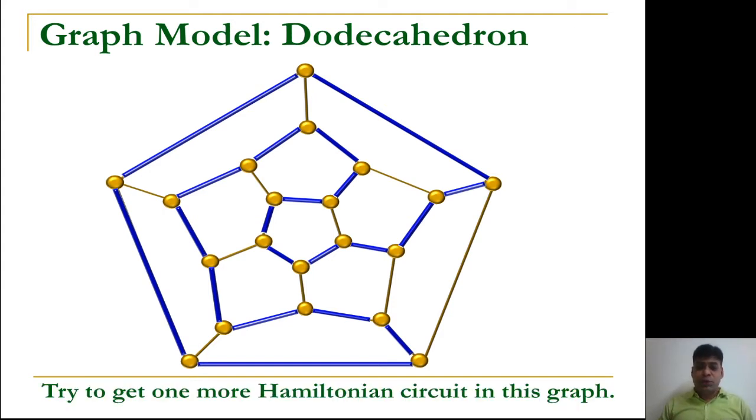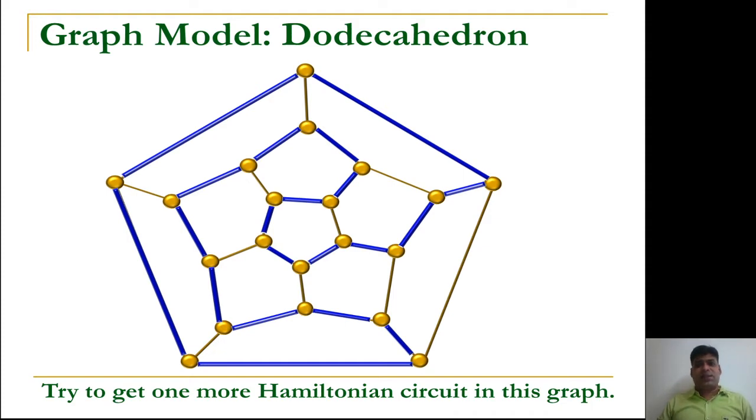I'm leaving it for you. Try to get one more such Hamiltonian circuit in this dodecahedron. That's work for you. It's not at all difficult. We start with any vertex, traverse along the edges and come back to the same vertex again. That is what a Hamiltonian circuit for the dodecahedron is.